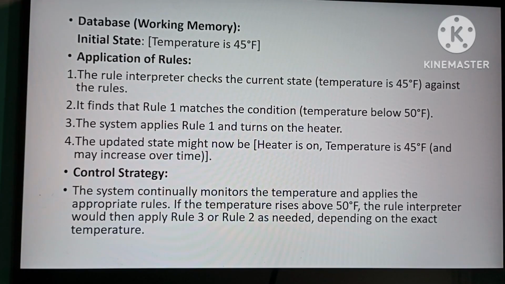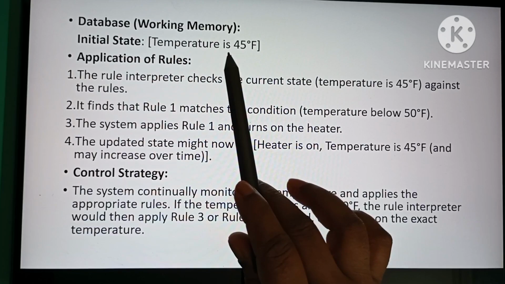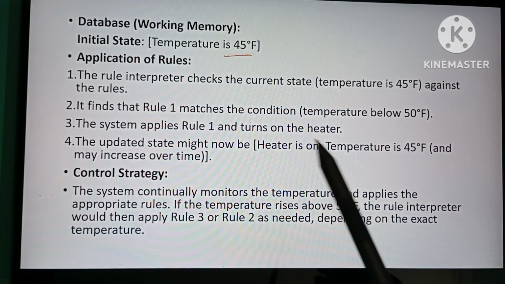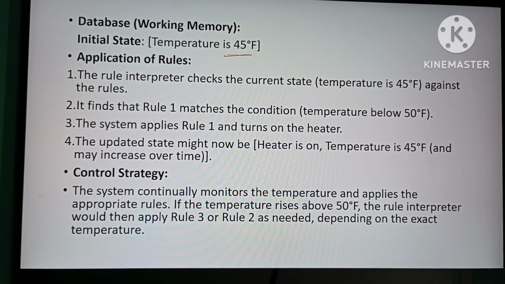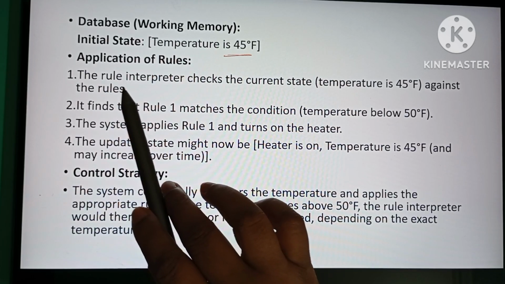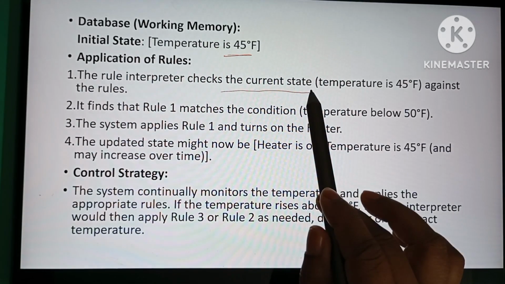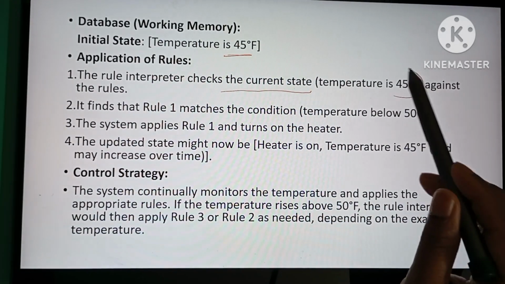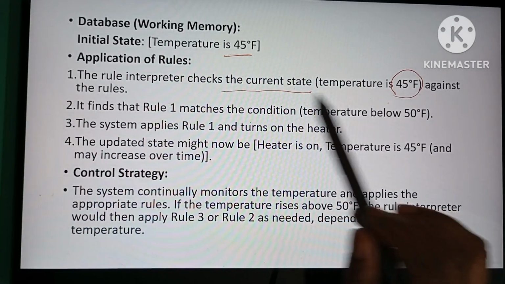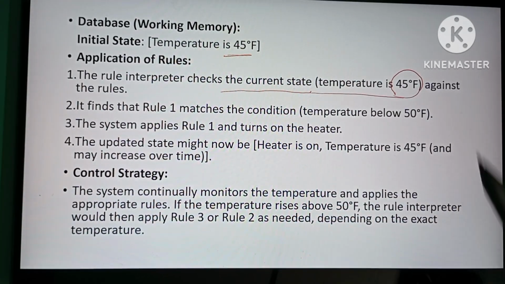The system will detect the current temperature, which is 45 degrees. Now the AI application has to take an action based on the rules, so the rule interpreter comes into action. It checks the current state. What is the current state? It is 45 degrees. Then it has to look at its rules.